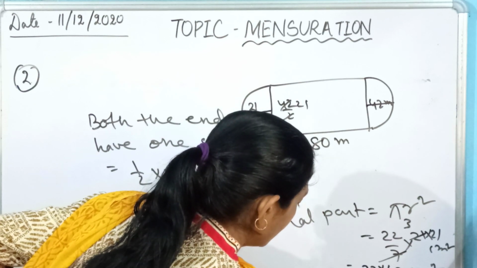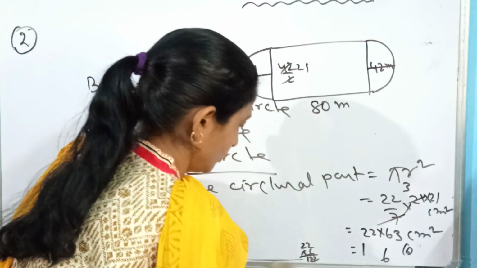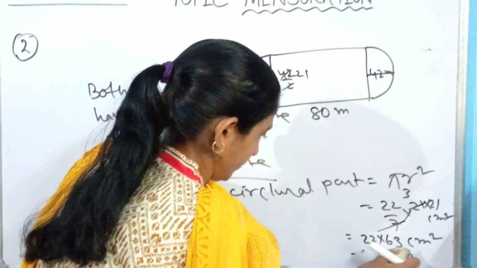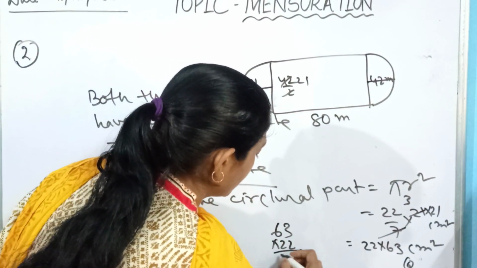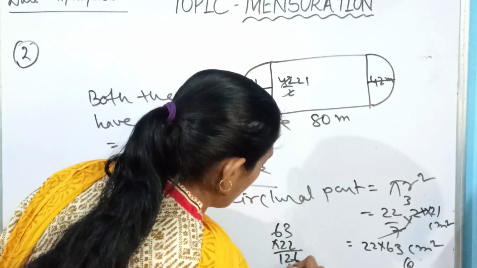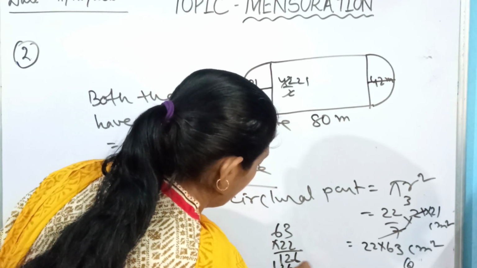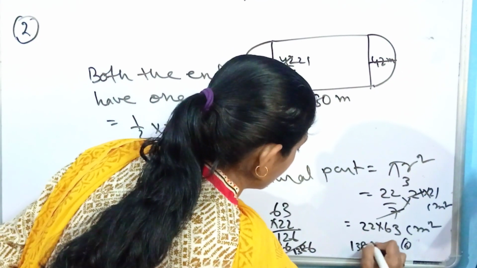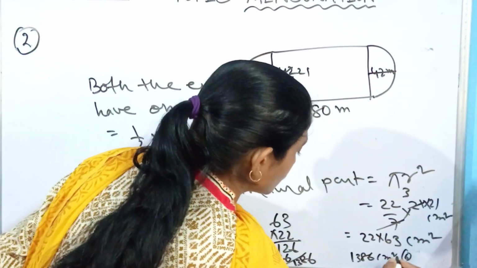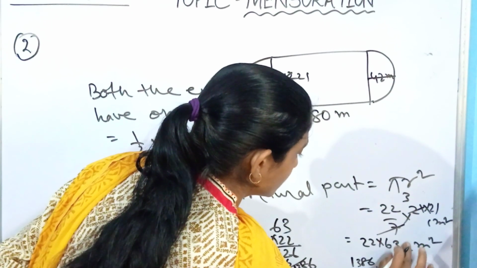When we multiply 63 into 22, you will get 1386 centimeter square. Sorry, meter square. Here it is meter square, not centimeter.